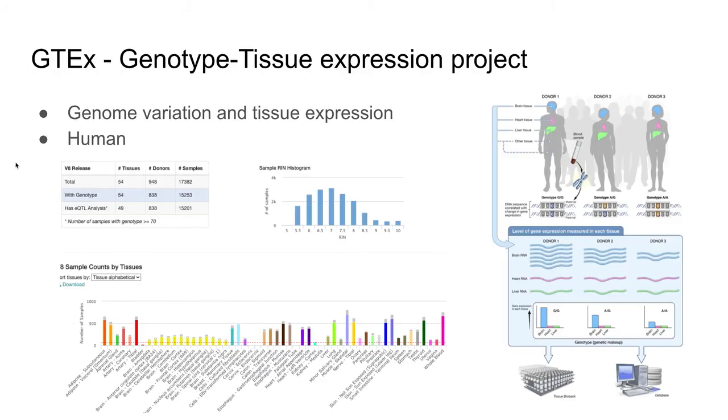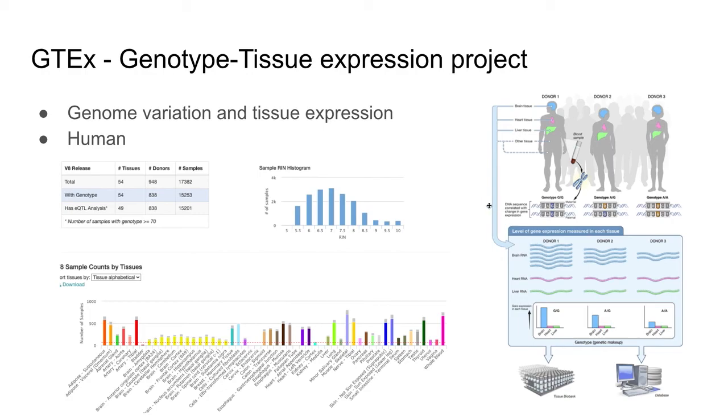Another one out of several consortia is the Genotype-Tissue Expression Project. This is in human only. The point is that this consortium looks at variation. It performs genotyping or genome sequencing of human individuals, donors, and it performs RNA sequencing at the same time.